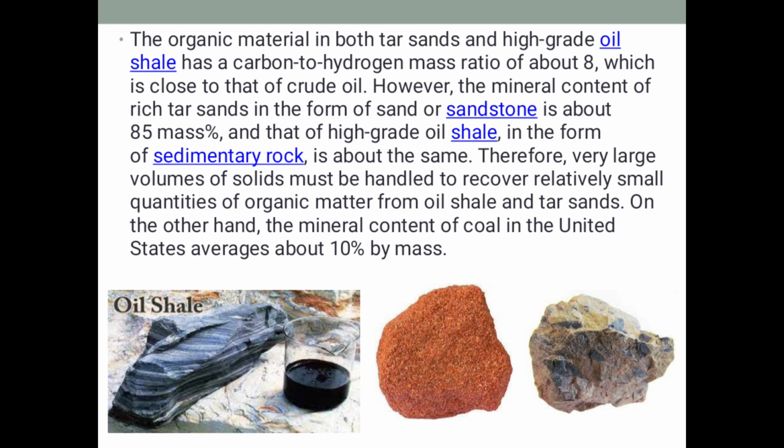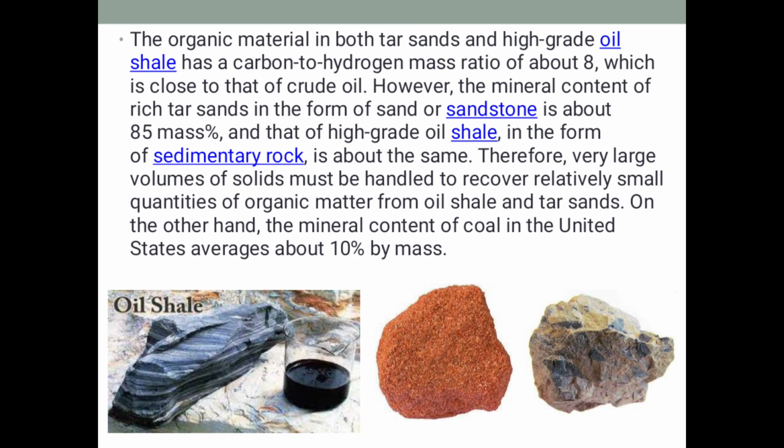The organic material in both tar sands and high-grade oil shale has a carbon to hydrogen mass ratio of about 8, which is close to that of crude oil. However, the mineral content of rich tar sands in the form of sand or sandstone is about 85% by mass, and that of high-grade oil shale in the form of sedimentary rock is about the same.